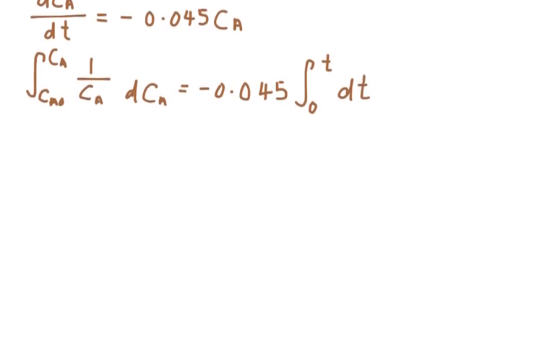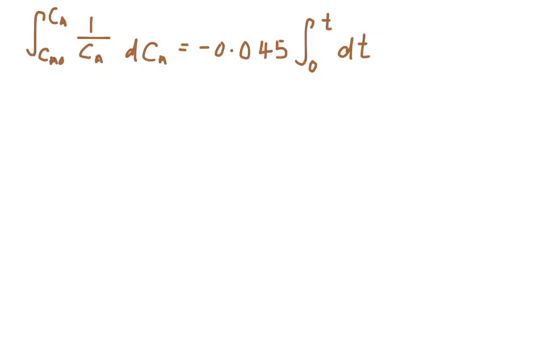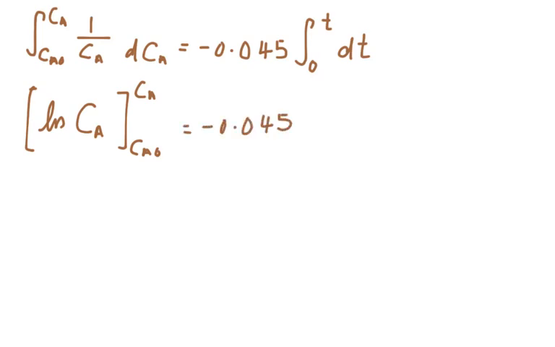Now with this, you can solve. Integrating 1 over CA will give you ln CA, and you are integrating this from CA0 to CA, which equals negative 0.045 times t.